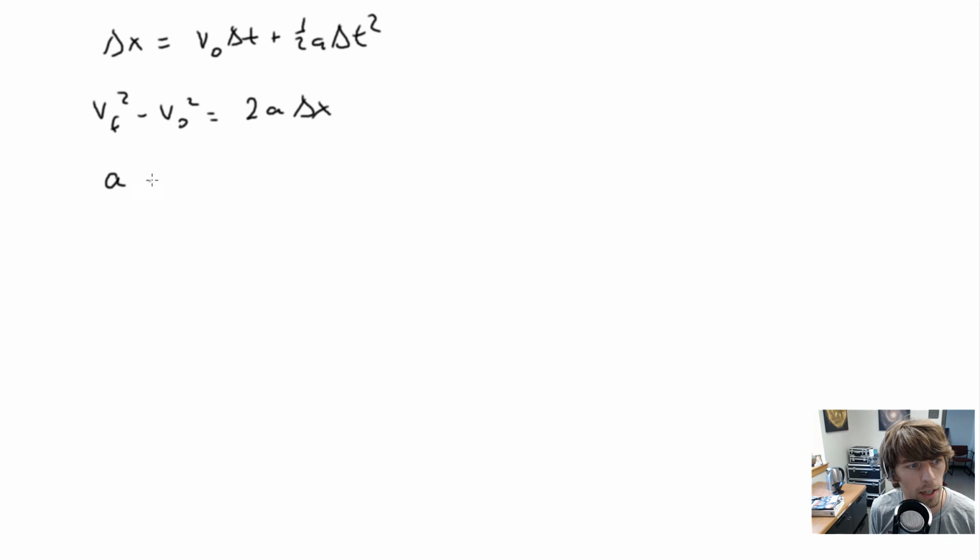One of them is a is equal to, I'll write it out in longhand just so you can see it, v final minus v naught over delta t. And we said that one is delta x is equal to v final plus v naught over 2 delta t.